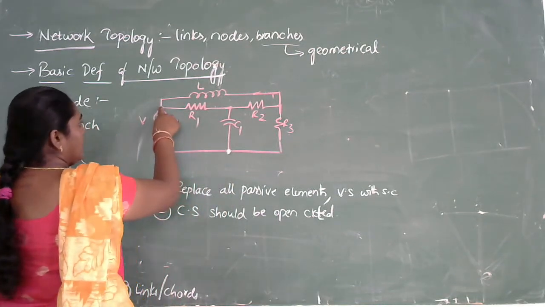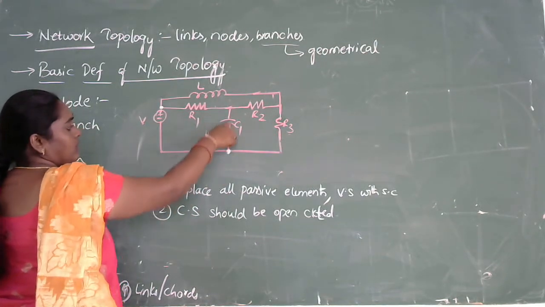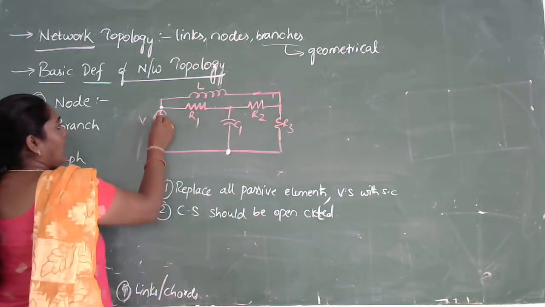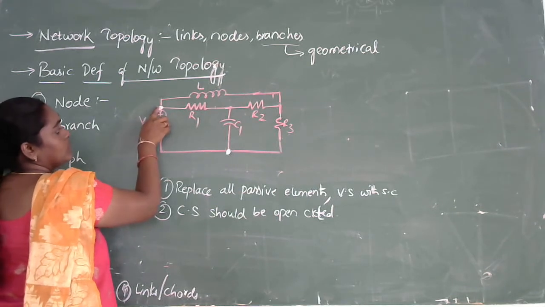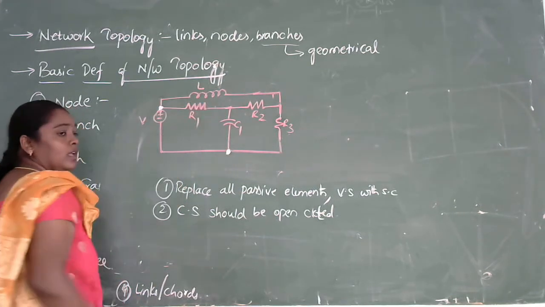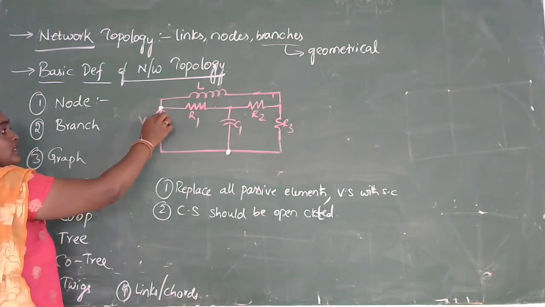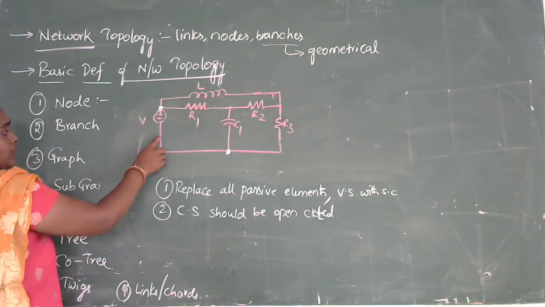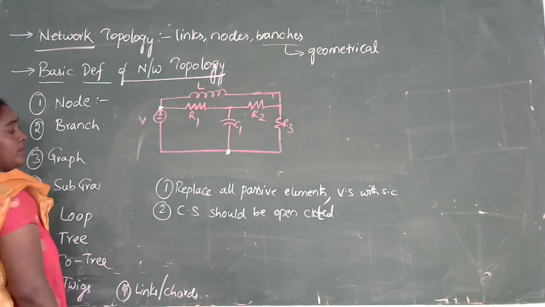From this, it is connecting from the voltage source towards capacitor 1 and towards the other resistor. So this is one node and this is the other node, because here it is touching a voltage source as well as a resistor as well as a capacitor. So a node is a common point where there is an intersection of more than two elements. It is connected to one element with two passive elements followed by an active element.